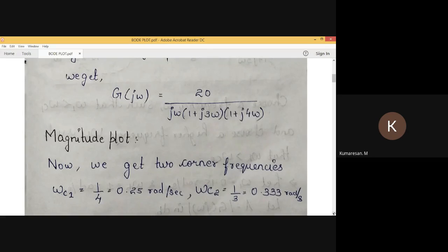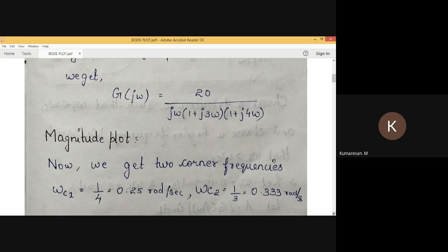So J omega into 1 plus 3 J omega into 1 plus 4 J omega. This is the transfer function after we change it into the sinusoidal form, from the given open loop system.